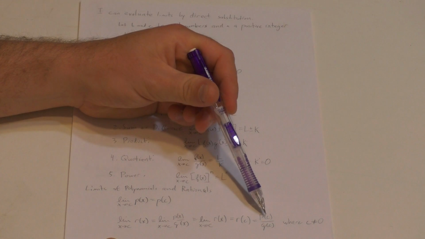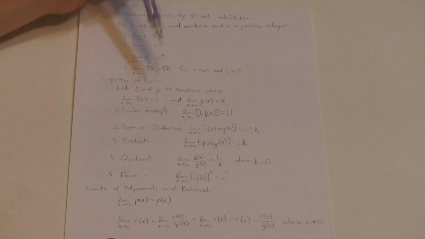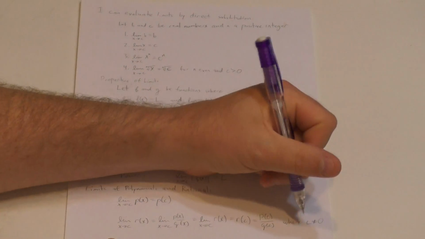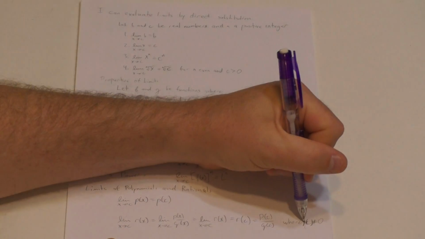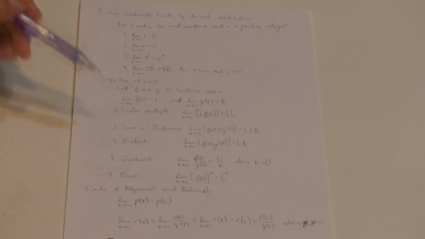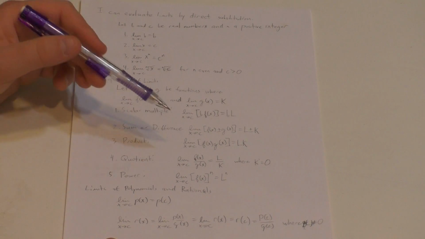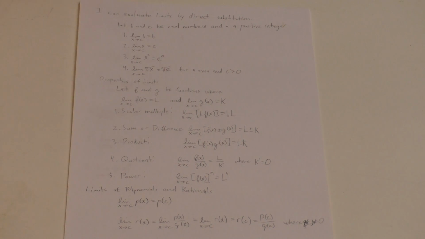All it's saying is you plug in c on the top and c on the bottom, as long as q of c doesn't equal 0. Basically, that's why it's called direct substitution: you plug whatever the limit is approaching directly into the function.